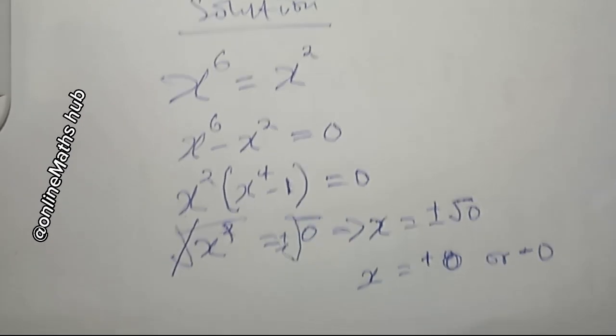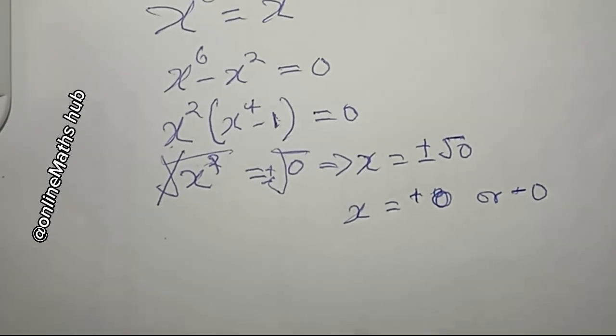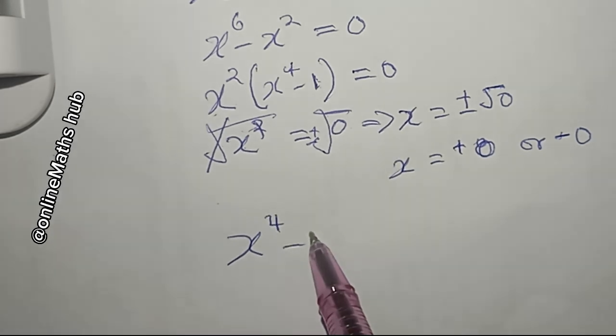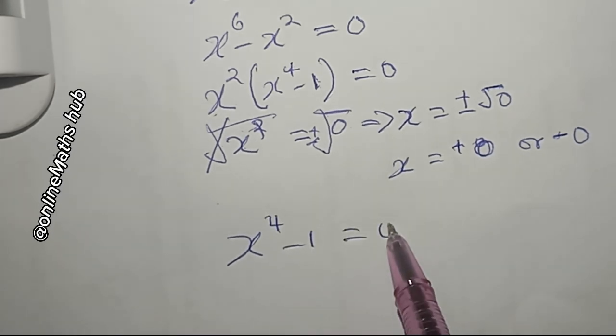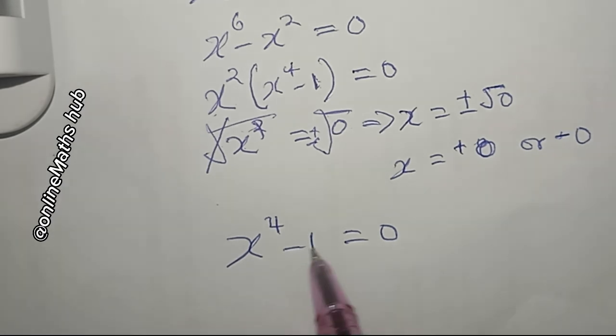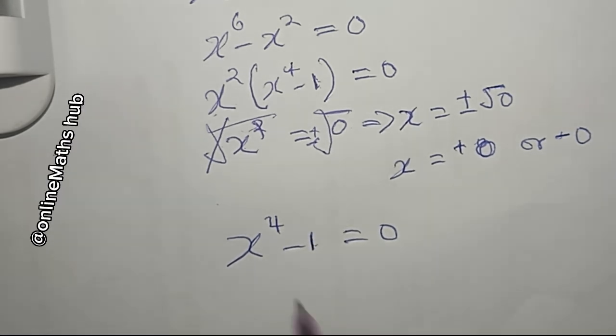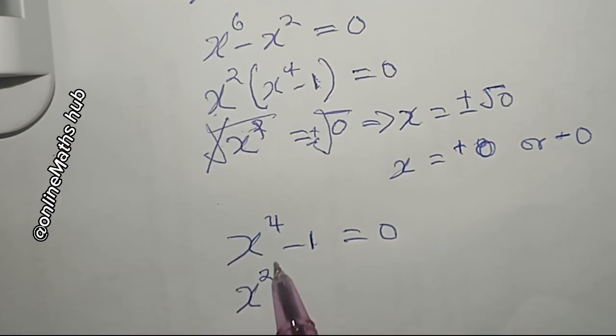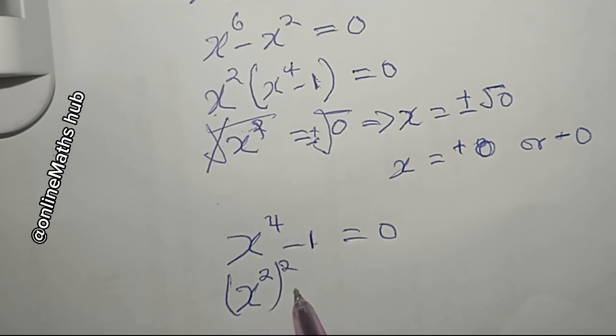Now we take the second case, which is x power 4 minus 1 is equal to 0, and we're going to get the remaining values of x that satisfy this equation from here. We can write x power 4 as x power 2 all raised to the power 2, minus 1.